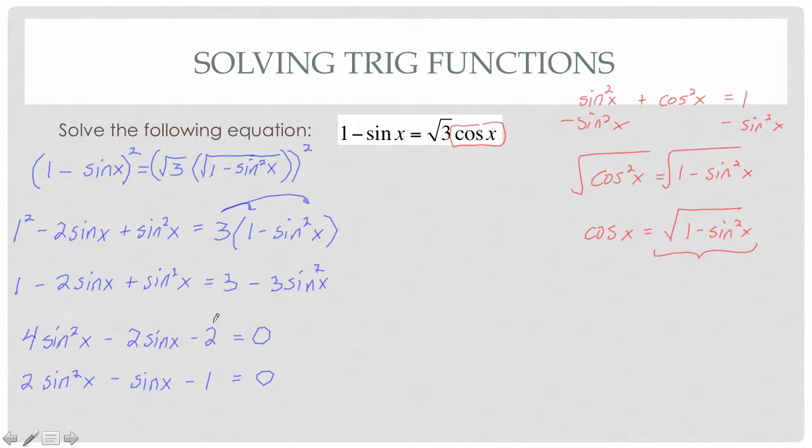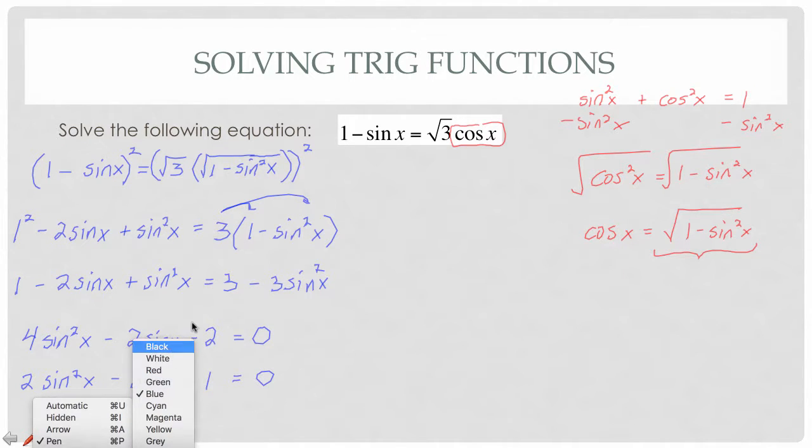So we're simplifying this down, and now I've got another quadratic form again, right? I've got a trig function squared, a trig function of the first power, a constant, and it's equal to 0. What's nice in this one is I could jump to the quadratic formula, but remember, we can also solve quadratic equations by factoring.